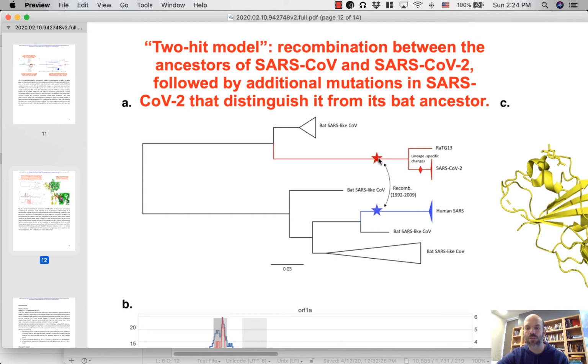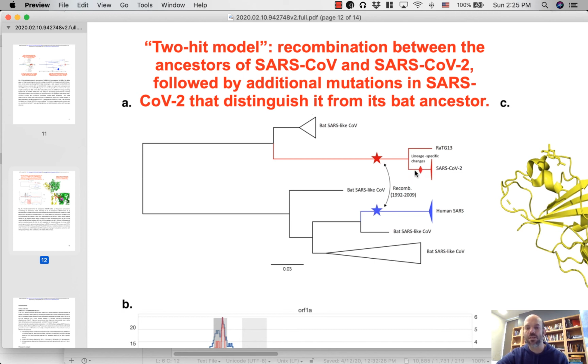So there's a recombination event in bats during this time period between these two ancestors. And then subsequently, after the human lineage of the current coronavirus diverged from its most recent bat ancestor, there were several mutations in specific amino acid positions in the spike protein that occurred more recently.